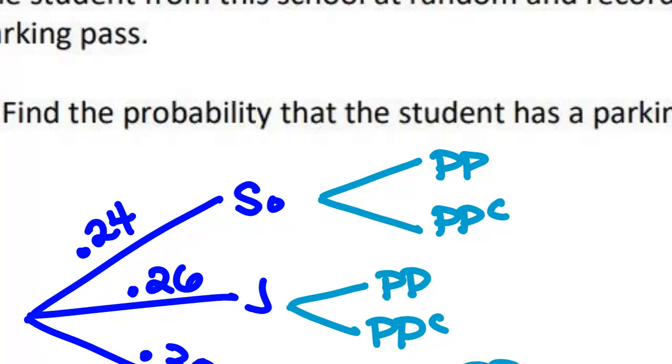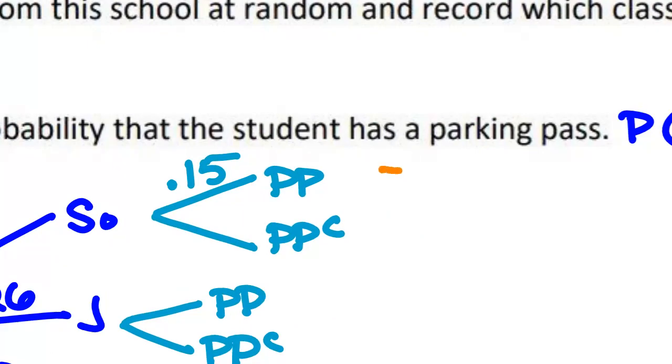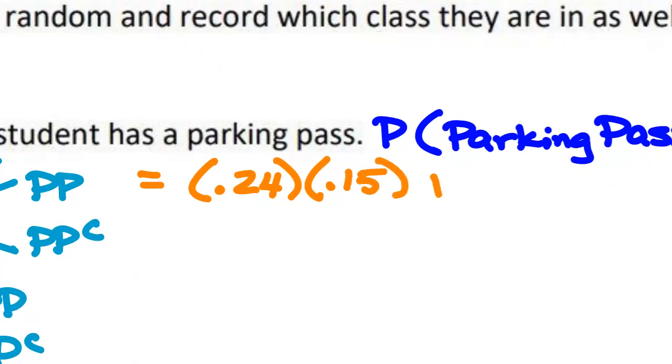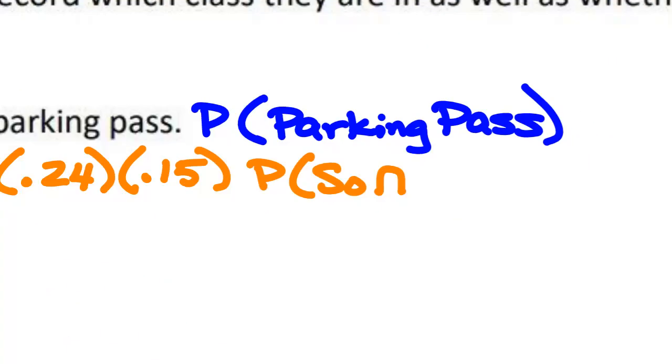Sophomores that have parking passes, what probability? 15%. So the probability that somebody is a sophomore and has a parking pass is 0.24 times 0.15.